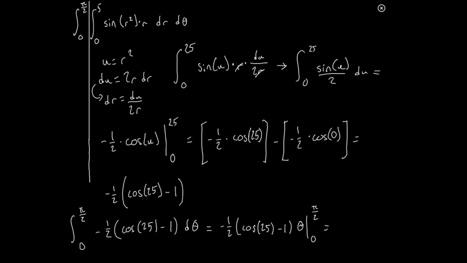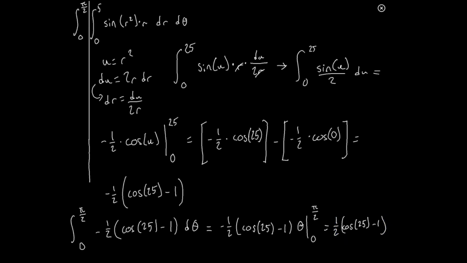Okay, then if we plug in pi over 2, then we get 1/2 cosine 25 minus 1, and then that would be minus whatever it would be when we plug in 0, but if we plug in 0 for theta, that multiplies the whole thing, and that just ends up being 0. So it's minus nothing. It's just this value right here.